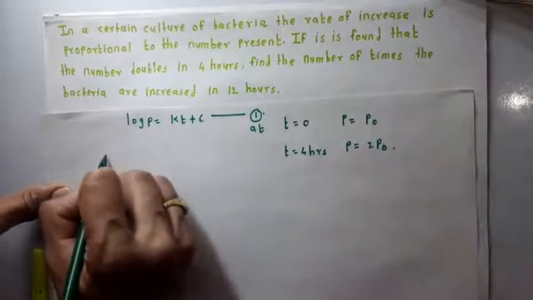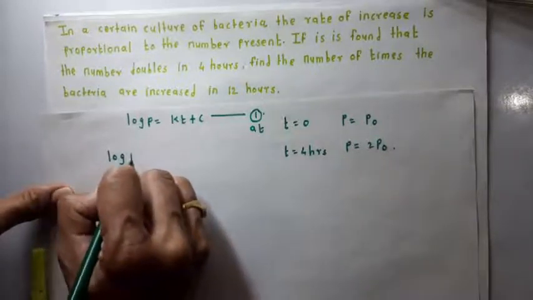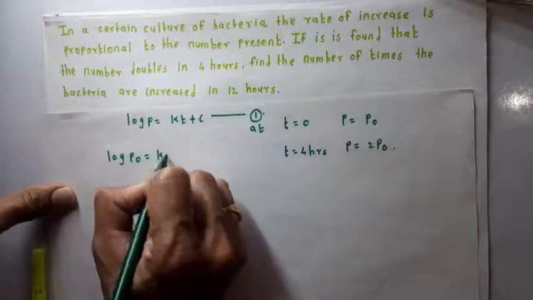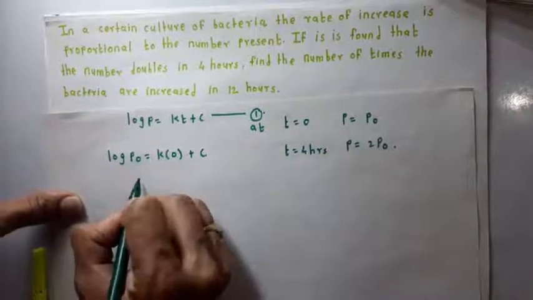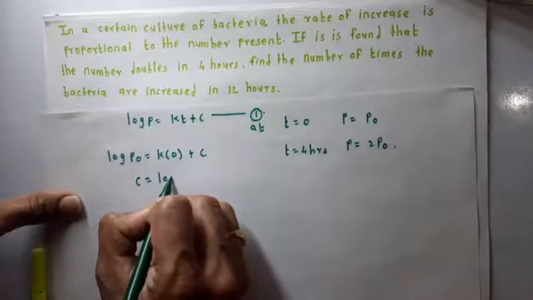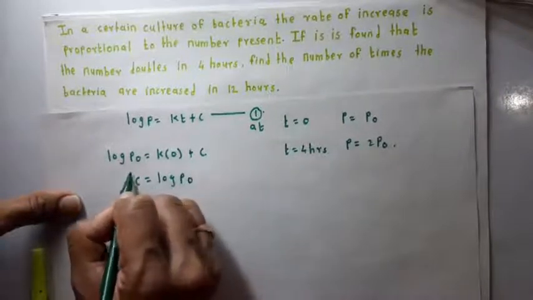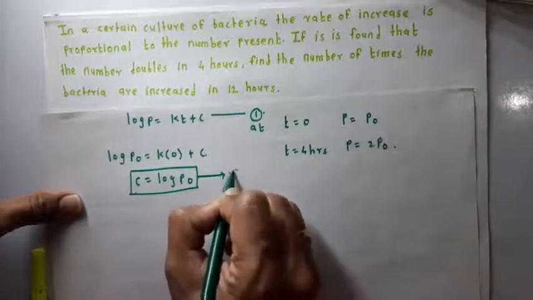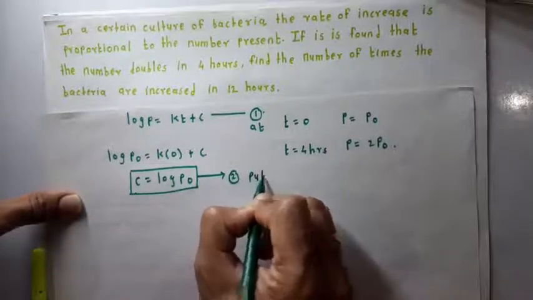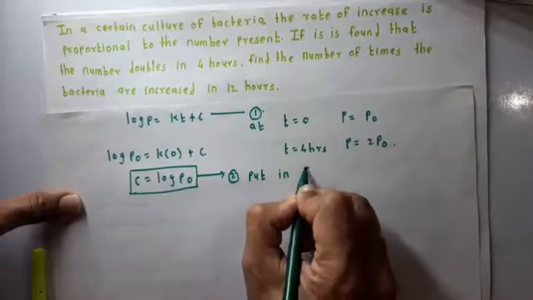Okay. So here we get log of P0 equals K into 0 plus C. So we get C equals log of P0. And this is the value of C. This is second. Put the value of C in equation 1.